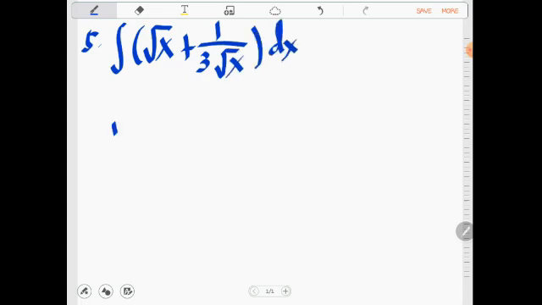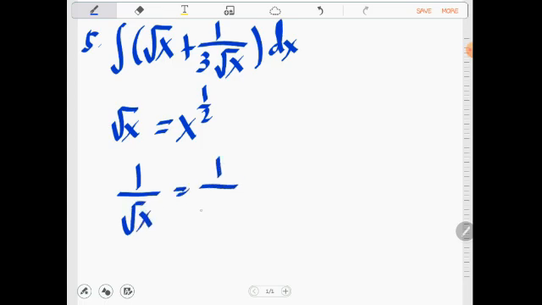So, recall natin na kapag meron tayong square root of x, this is equals to x raised to 1/2. Okay? So, kapag yung 1 over square root of x, yan is equals to 1 all over x raised to 1/2. Okay? Or pwede natin itong itaas dito. Yan ay x raised to negative 1/2.